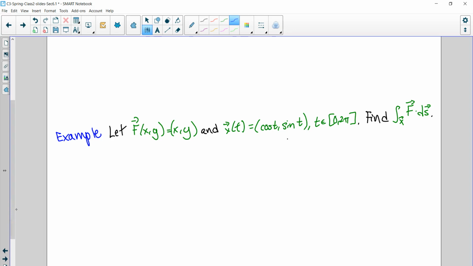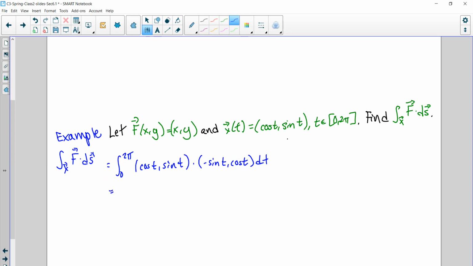All right, so again, pause the video if you need to. I'm just going to dive right in. I'm going to say that this is going to be equal to, okay, we'll just write it out, the integral over the path of the field dotted with the derivative of the arc length, is equal to the integral from 0 to 2 pi of cosine t, sine t, dotted with negative sine t, cosine t, dt.